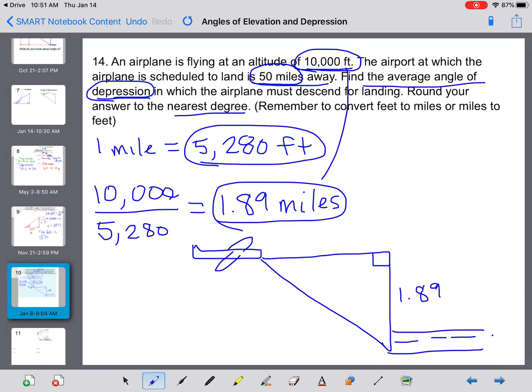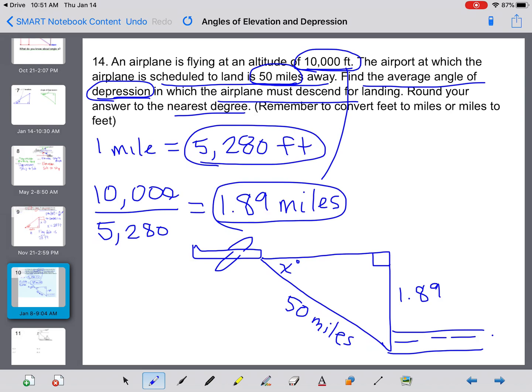And the average angle of depression for which the plane must descend for landing, well, it's scheduled, it's 50 miles away. So from here to our landing spot is 50 miles. And we are wondering what the angle of depression would be.